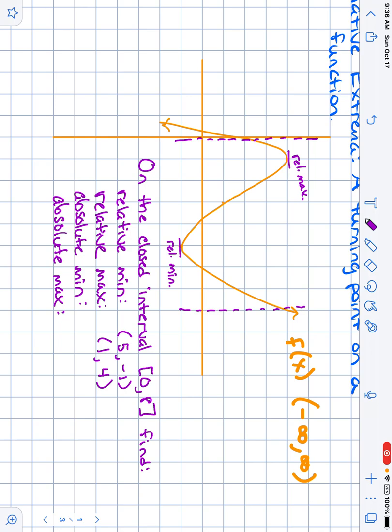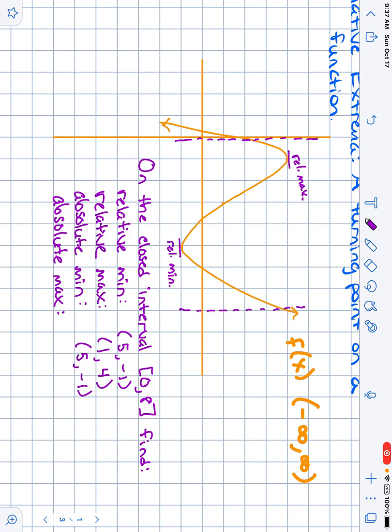Now let's look at the absolute minimum, absolute maximum. So I'm looking at the highest and the lowest point on this closed interval. What I can see is on this closed interval, the lowest point of this function happens to also be the relative minimum. So the absolute minimum is also the point 5, negative 1.